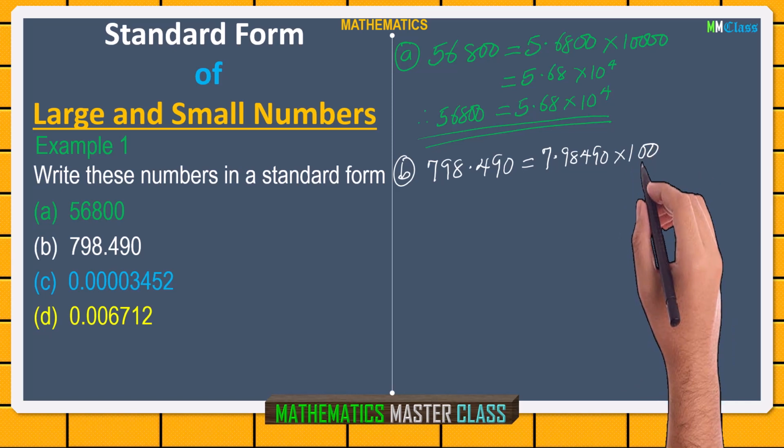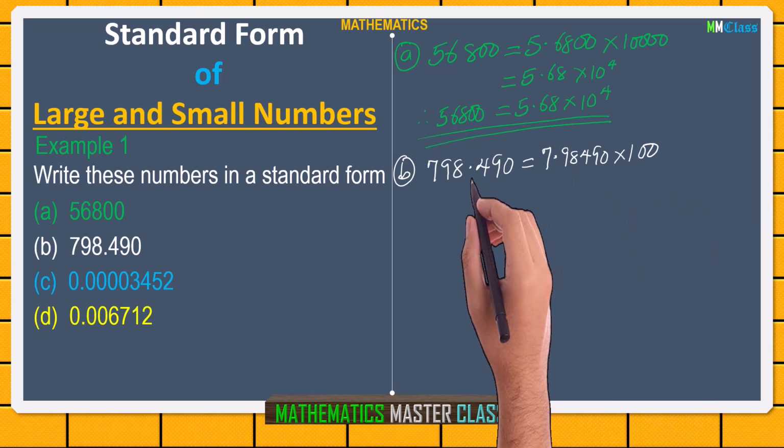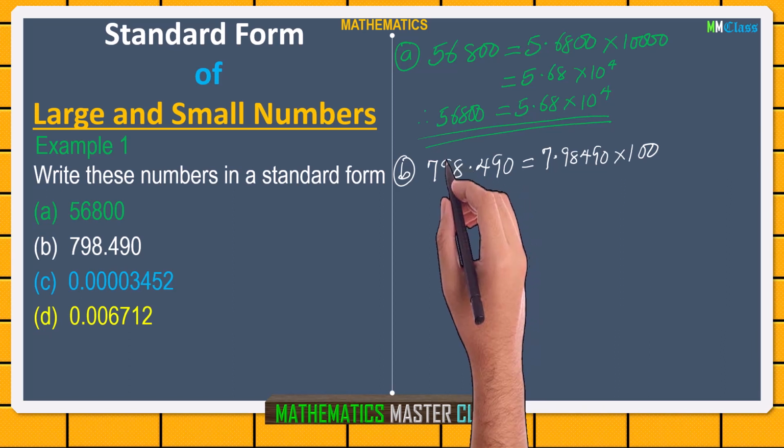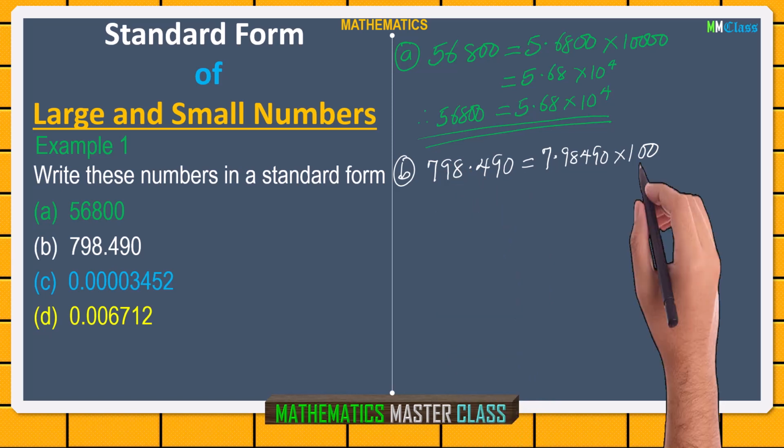How come we are having 100? Now, remember, the position of the point has changed. So we have moved the point from this location, 1, 2, to this location. So we moved it 2 times. And because of that, we are going to have 2 zeros here.